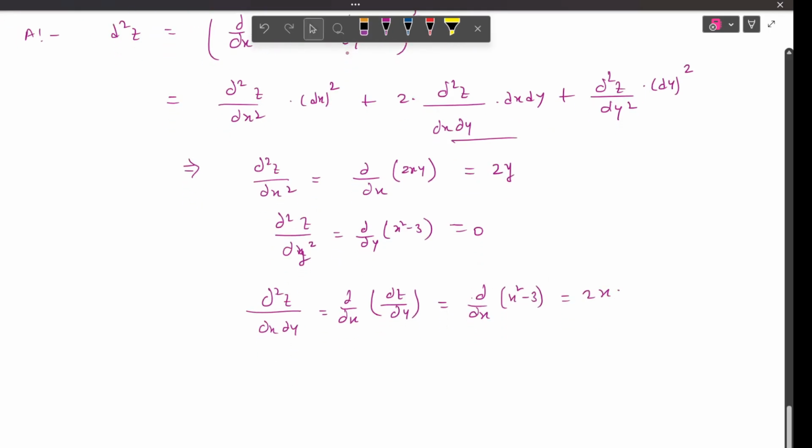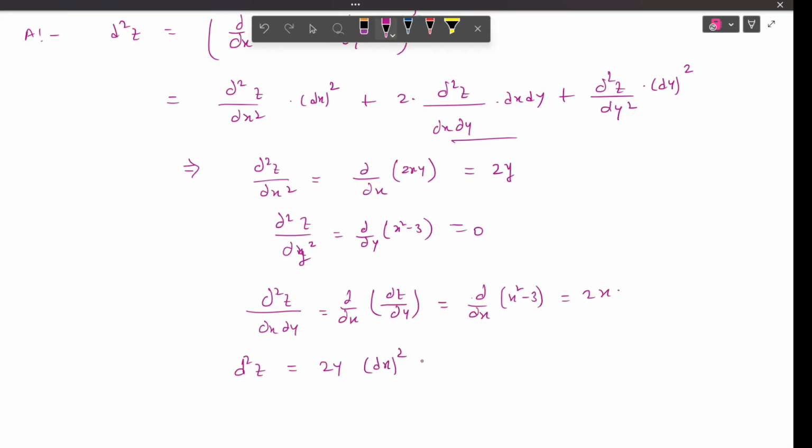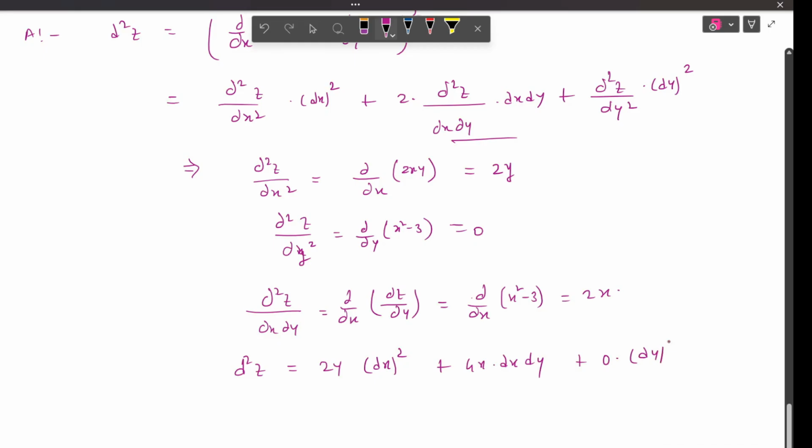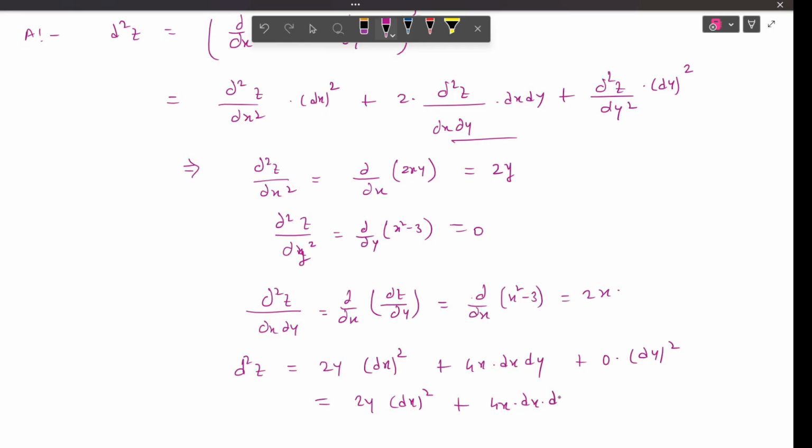So let's put the value. So d square z would be 2y dx square plus 4x dx dy plus 0 into dy square. So this would be 2y into dx square plus 4x into dx into dy.